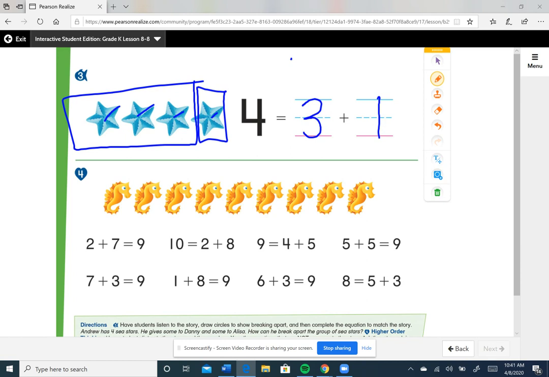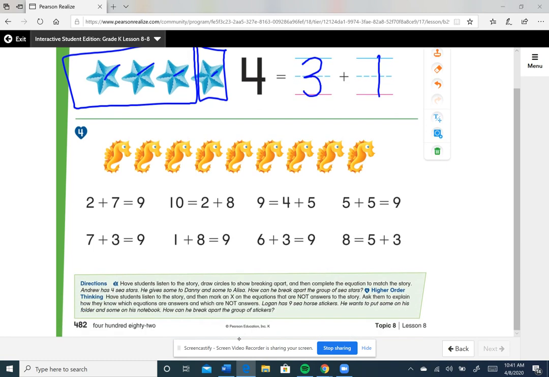Alright, now, number 4. We have a bunch of seahorses, right? Let's count how many we have. 1, 2, 3, 4, 5, 6, 7, 8, 9. We have 9 of them.